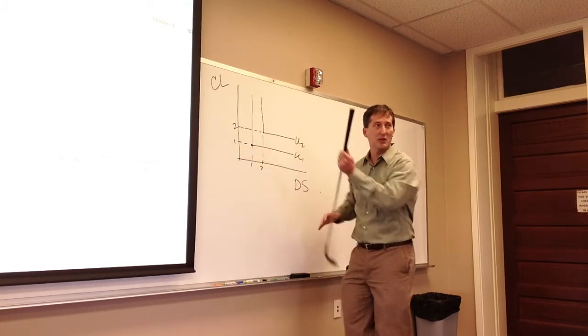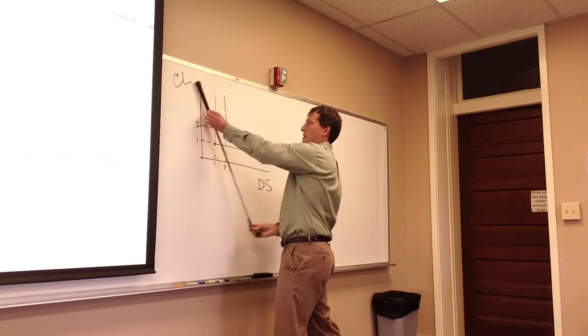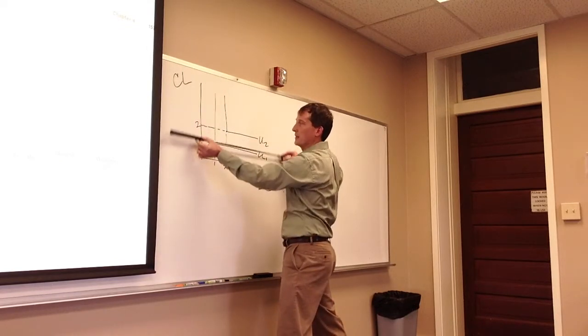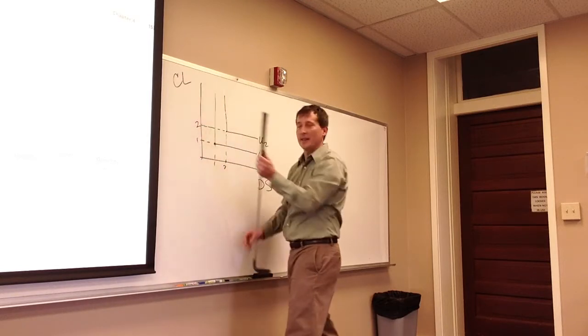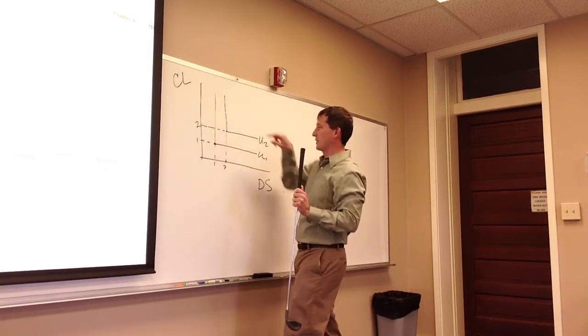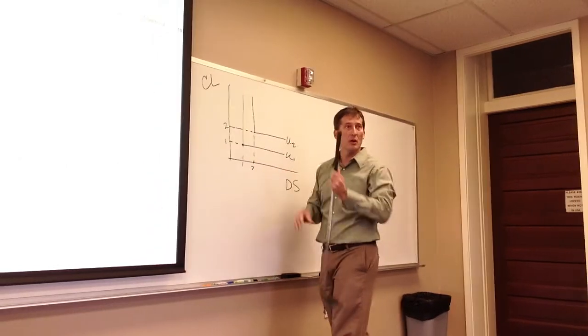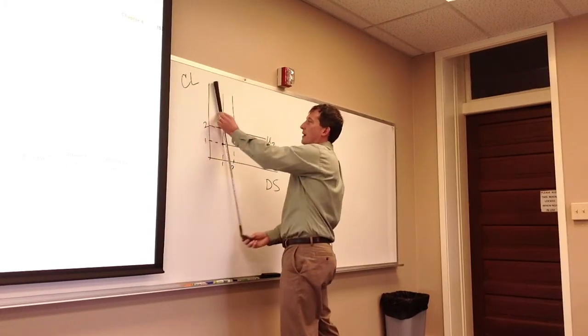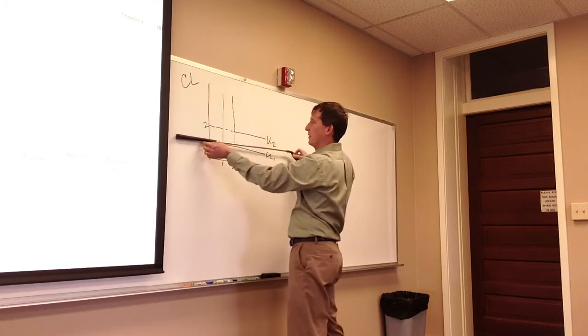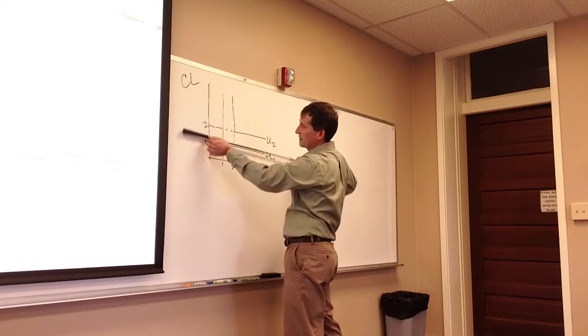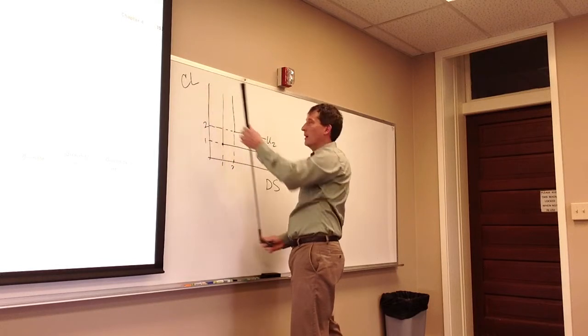It's actually a slope that ranges between here and here. There's an infinite number of slopes that represent the slope of the indifference curve at 1, 1. So there's lots of possibilities on the price ratio. There's an infinite number of price ratios that would get us to that solution.